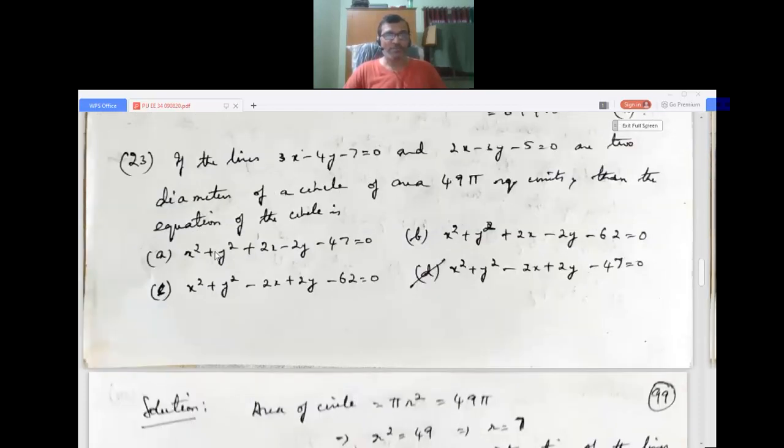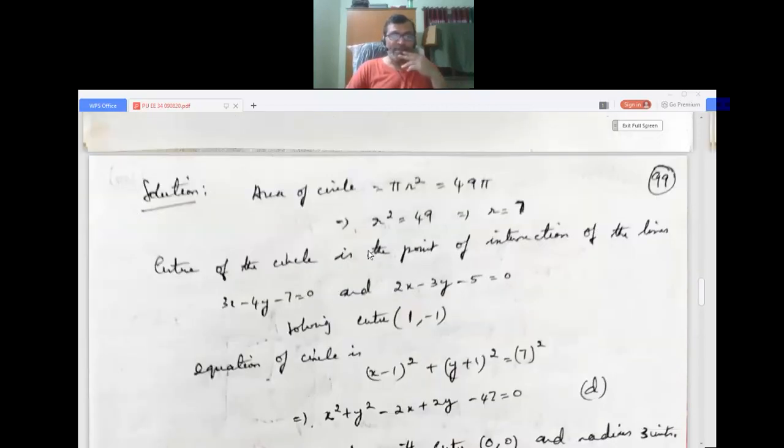This type of problems, many things you have discussed before. First option, x squared plus y squared plus 2x minus 2y minus 47 equals 0. Second option, x squared plus y squared plus 2x minus 2y minus 62 equals 0. Third option, x squared plus y squared minus 2x plus 2y minus 62 equals 0. Fourth option, x squared plus y squared minus 2x plus 2y minus 47 equals 0.